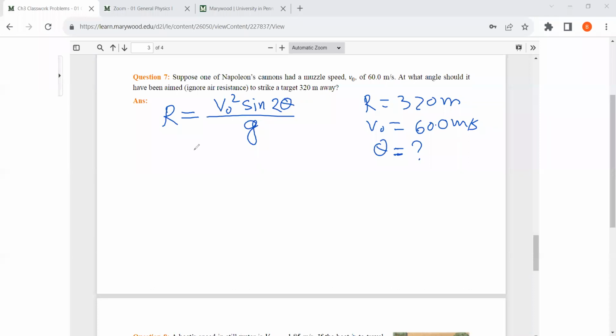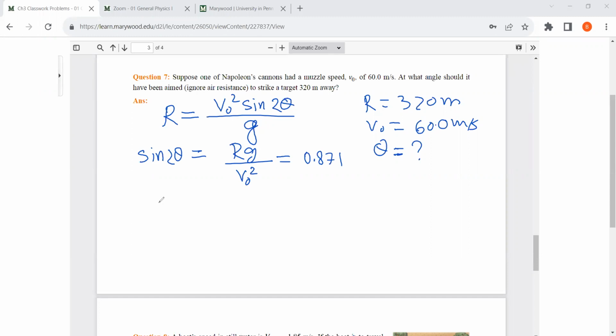Before that, we have to solve it for sine 2 theta. So it will be R times the gravitational acceleration over V0 squared. If you plug these three values in, you should get 0.871.